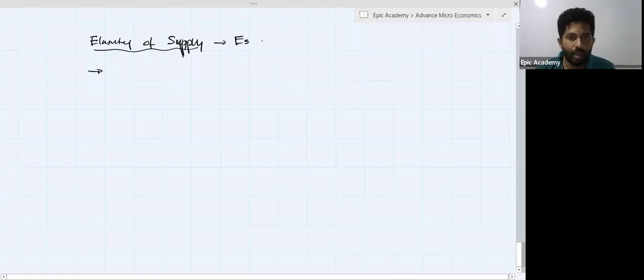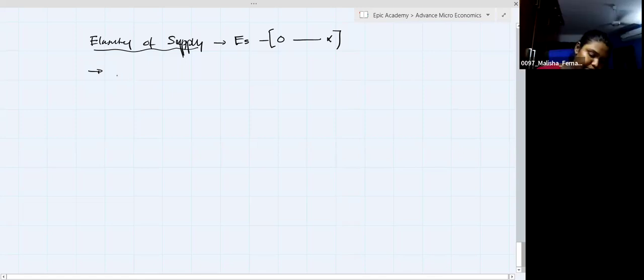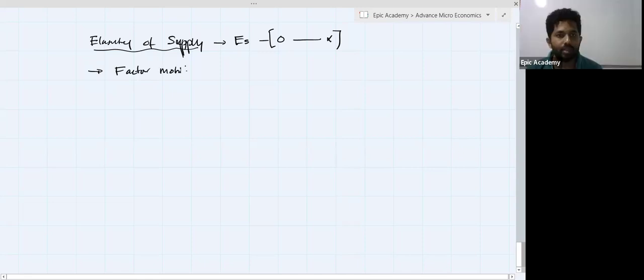Why does elasticity of supply change from 0 to infinity? So what are the reasons behind that? First one is factor mobility. Factor mobility.